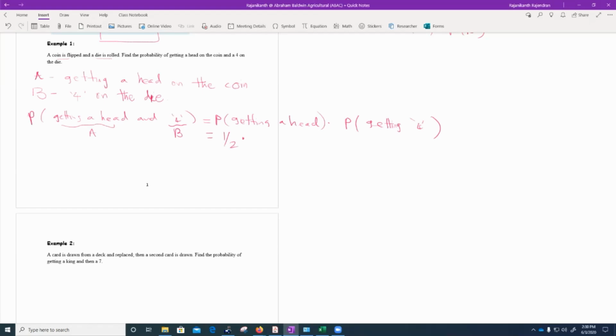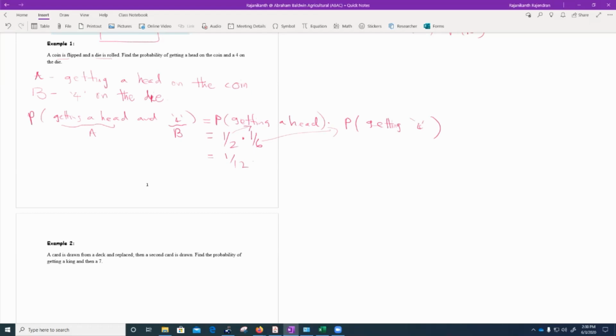So getting number 4, of course, is only one chance out of 6 possibilities. So the first fraction is coming from the first probability, and my second is coming from the second one. So simply multiply these two, 1 over 2 times 1 over 6, which is 1 over 12. So that is the probability of getting a head on the coin and getting number 4 on the die.